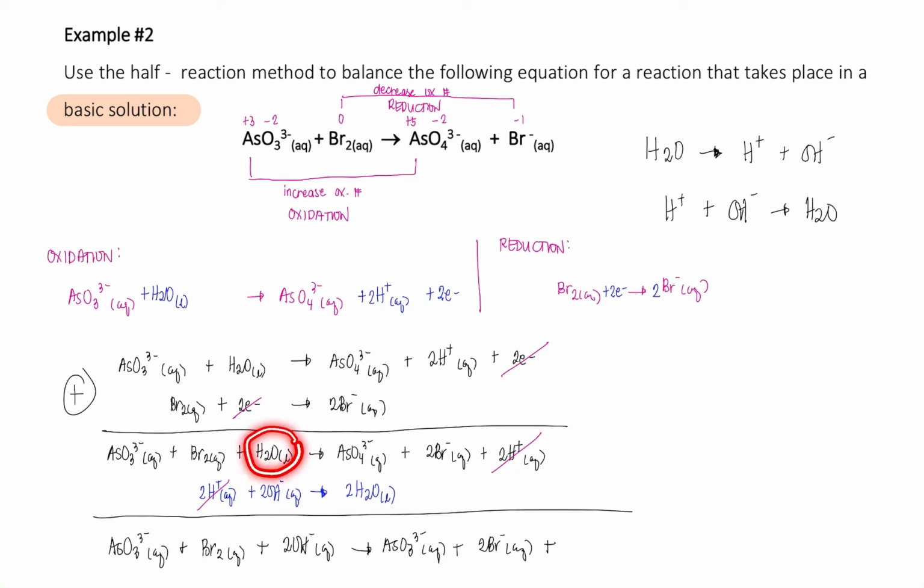So, as you can see, we have water here, one, and then we have water here, two. So, we subtract 2 minus 1, we have 1, the coefficient of water is greater here on the right side. So, there is one water remaining on the right side.